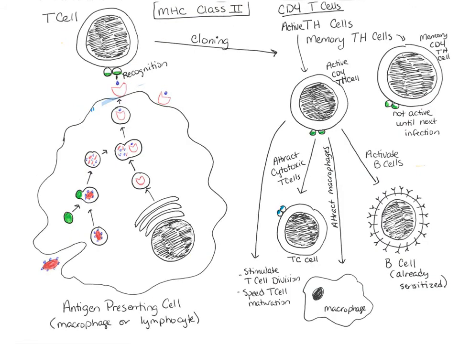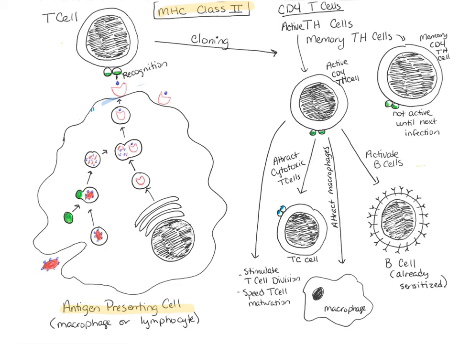All right, let's look at the MHC2 protein. So this is MHC class 2. These class 2 proteins are produced by what we call antigen-presenting cells. So these aren't just your normal cells in your body that have been infected.